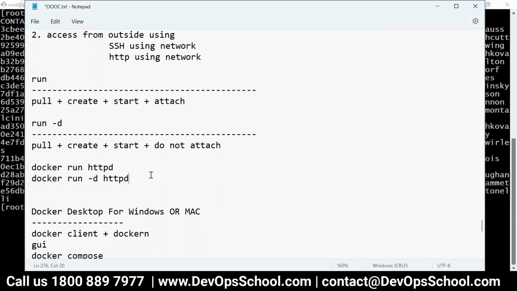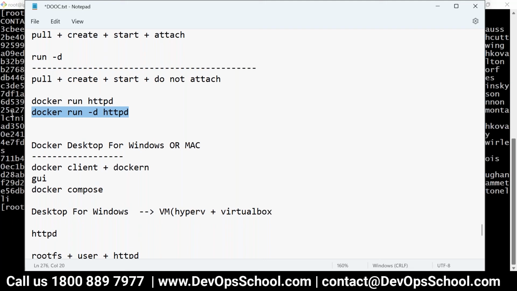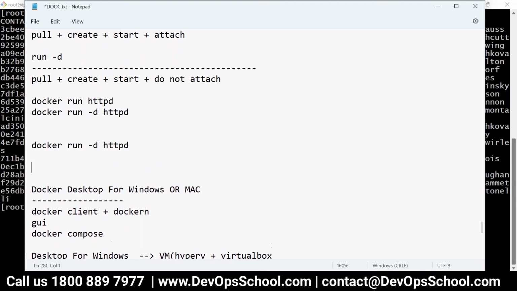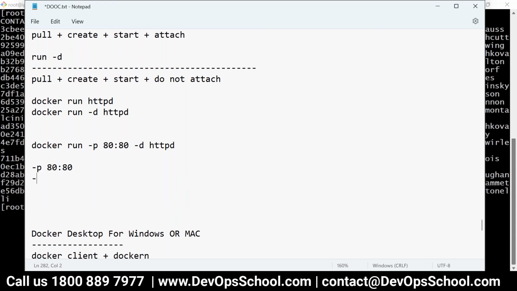Don't take it lightly. So the question was, how can I access a container from the outside? Here, you know what, guys, I'm evolving this command slowly. I will say -p is port export, 80 port, 80 port. Now we should understand the meaning.